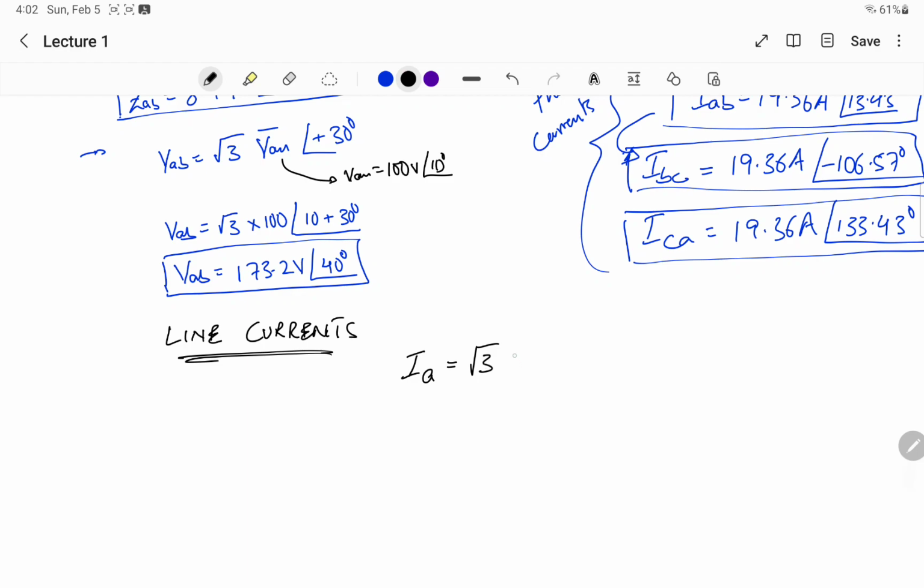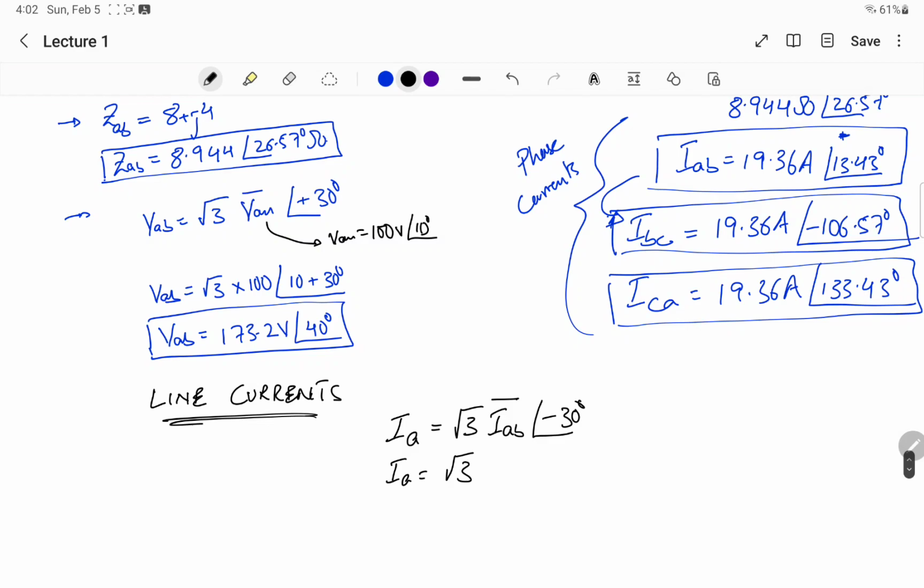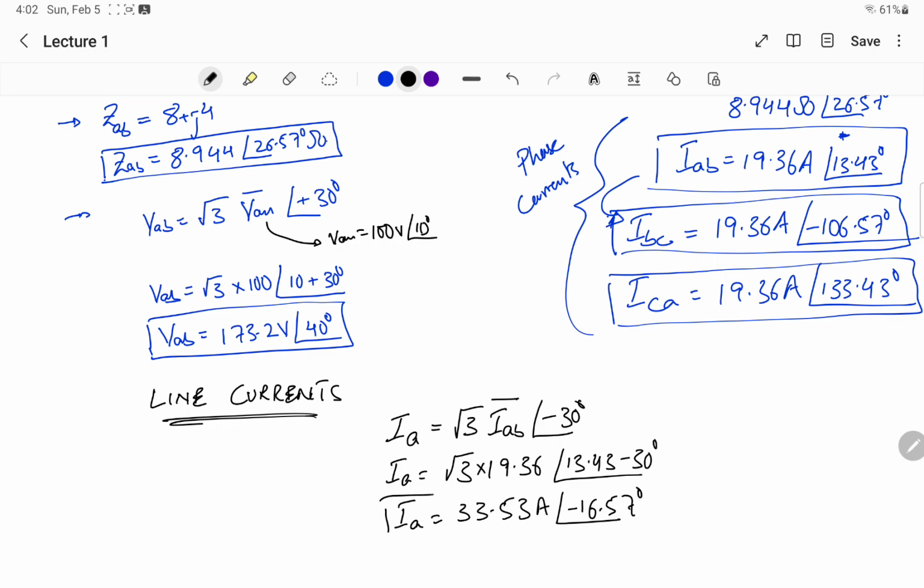IA equals root 3 IAB with an angle of minus 30 degrees. So IA equals root 3 times, what was IAB? We had 19.36 and the angle was 13.43 minus 30 degrees. So IA will become 33.53 amperes and the angle will be minus 16.57 degrees.